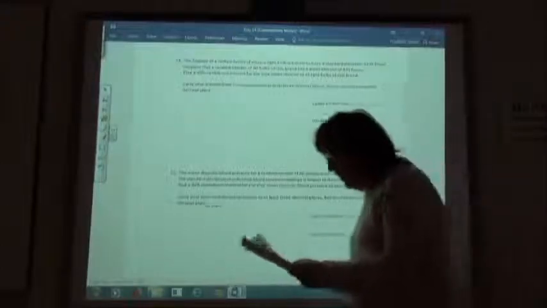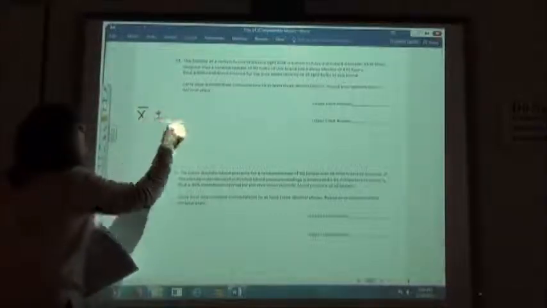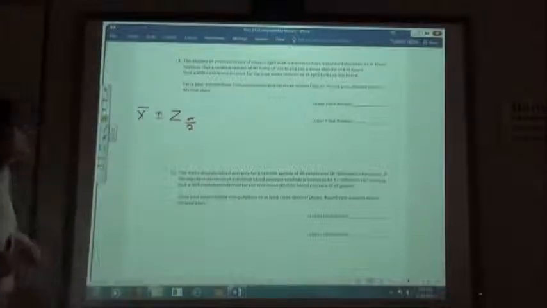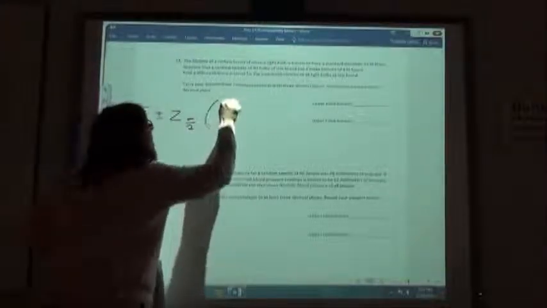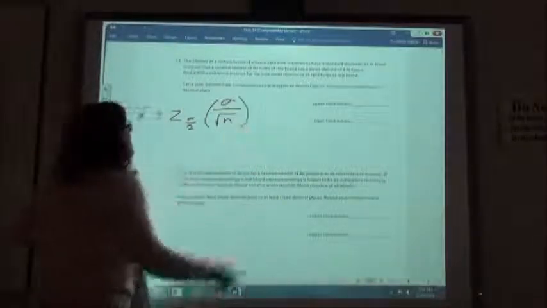So next two, we're going to do the same formula on both of those. Again, X bar is my mean, plus or minus the Z sub, and they write it as alpha divided by 2, but we have to do a little work on that, times the standard deviation over the square root of n.